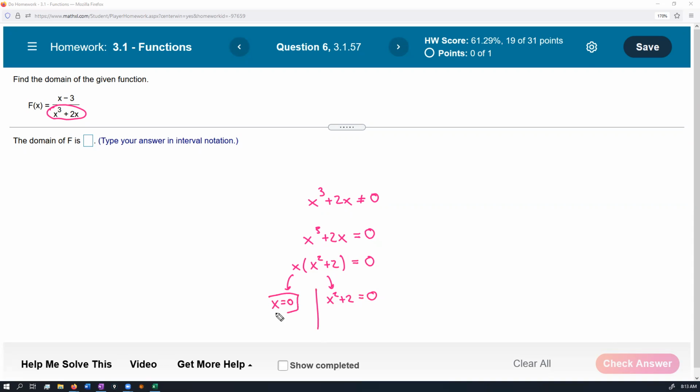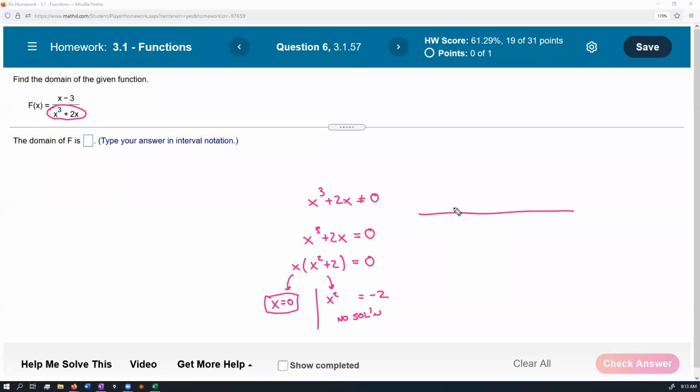And this one is just x is 0, so that's going to be a problem. And this one has no solution for the same reason as the previous one. If we move the 2 to the other side, there's no way we can square a number and get negative.